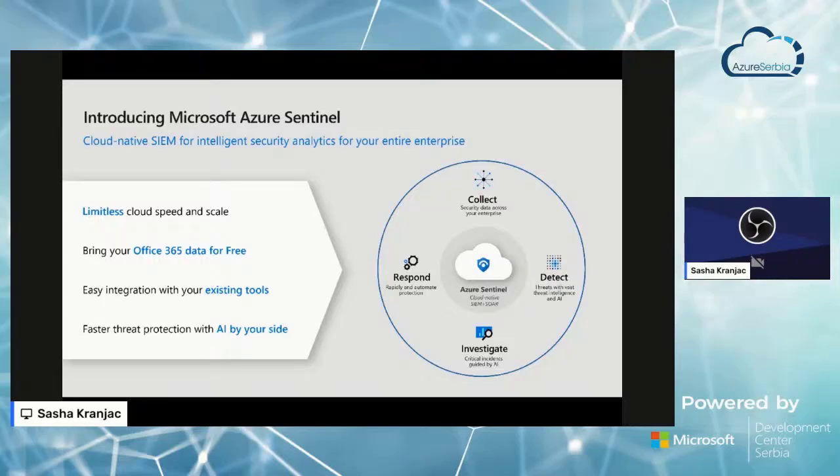One good thing is that you can bring the Office 365 data in there for free, and it integrates easily with the existing tools that you have, and also it gives the power of artificial intelligence in finding out the investigation. So it brings the collection of the data, detection possibilities, investigation possibilities, and also response possibilities, as the Azure Security Center.